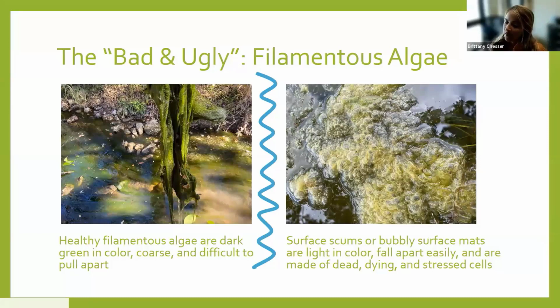During that period, gases from decomposition get caught in those filaments, and it causes these cells to form what you see on the right-hand side, which is floating mats. The appearance of these mats is more yellowish and green in color. They're more slimy, they fall apart really easily, and that's just because they're stressed, dead, or dying.